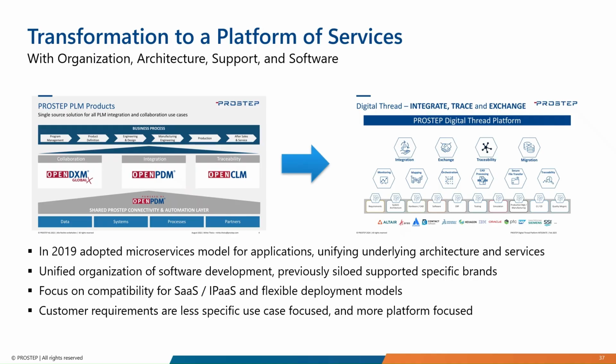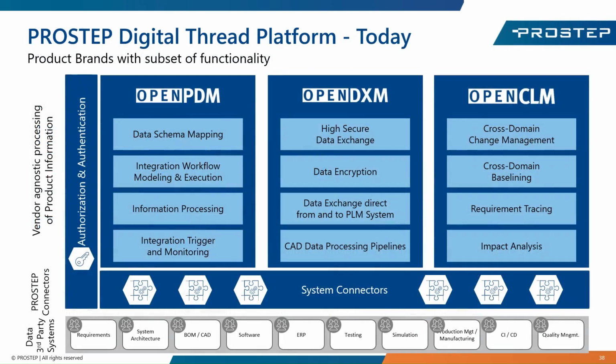And we want to do this so that we can meet customer requirements that might not be fulfilled by a single product, but really a combination of the different technologies and services that we can plug in. Today, the digital thread platform looks a little bit like this, where you have standard stacks of OpenPDM, OpenDXM, and OpenCLM, and there's interoperability between those because the foundation is similar, and they all share system connectors.